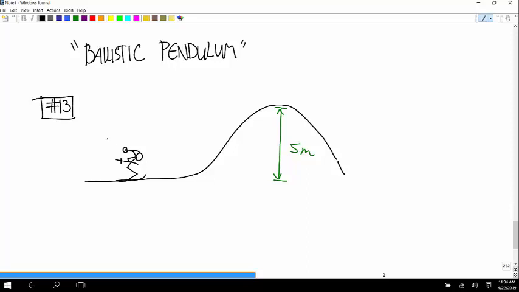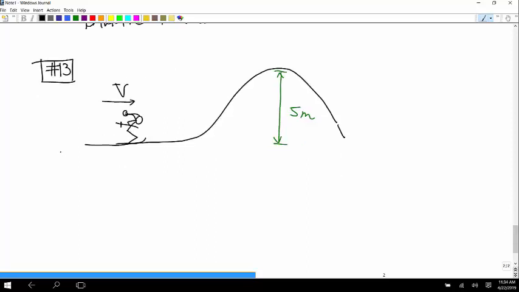So we're trying to figure out his velocity here. And then we want to do it 2 different ways.